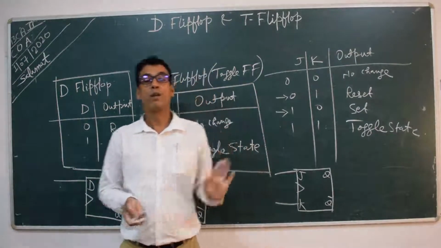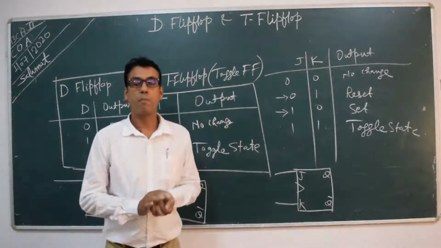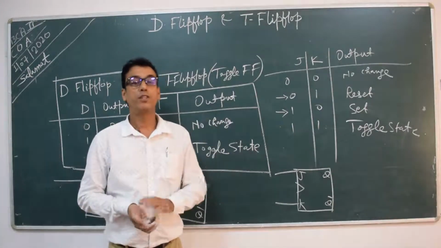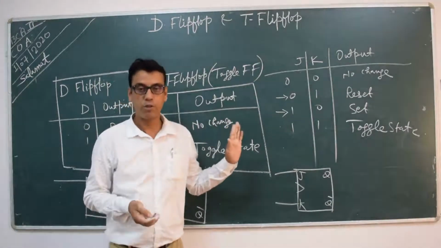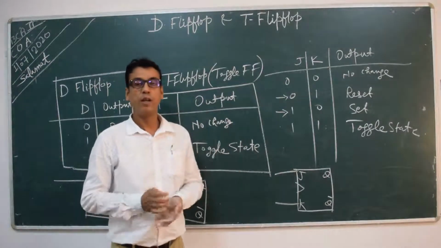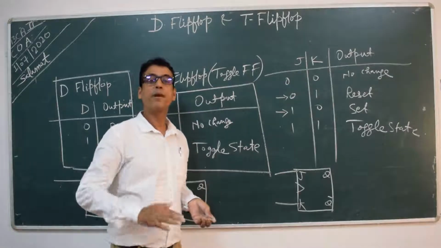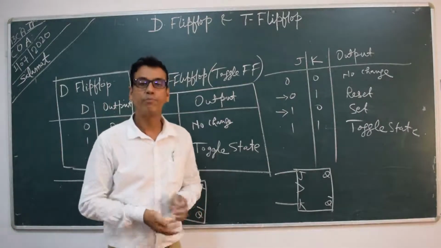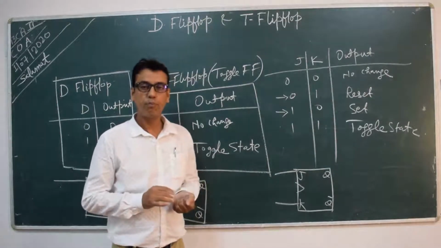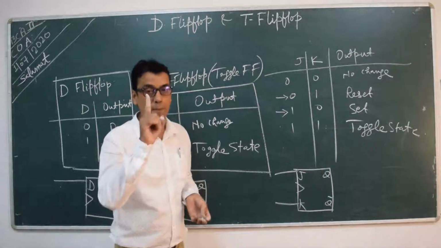So now, concluding the session, rather concluding the complete knowledge of all flip-flops. Flip-flop is a sequential circuit, the first point. Flip-flop is made up of NAND gate, second point. Flip-flop is used to store one bit of data.